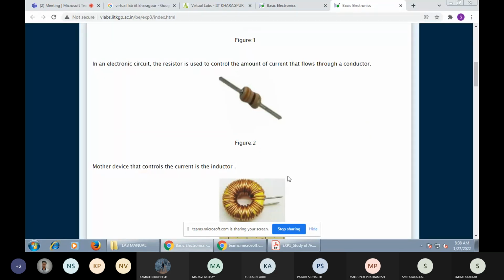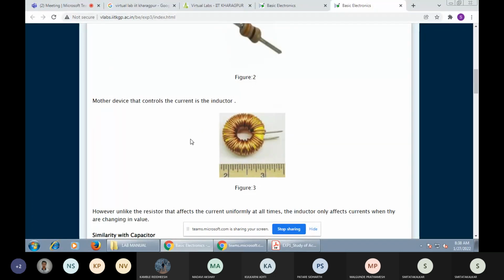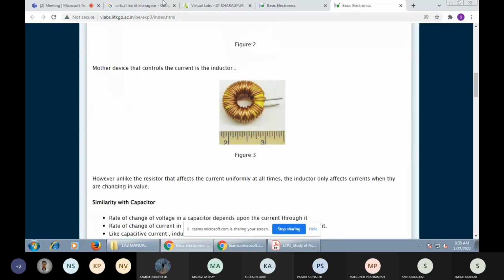This is similar for the inductor, which can be used for controlling the amount of current flow through the conductor. This type of conductor is also used in controlling the current. Why is an inductor used in electronic devices? Because it is used for controlling the current.